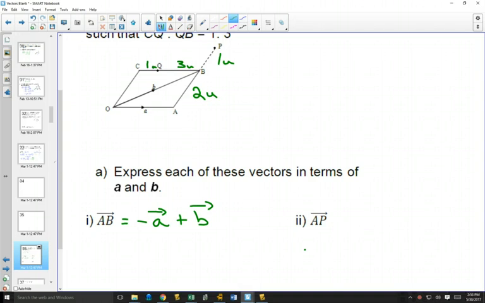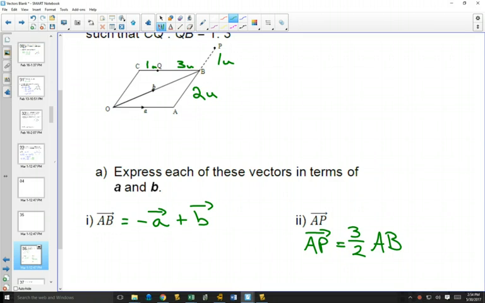Well, A to P is equal to some number times A to B. What number would I put in front there? 1.5 or 3/2 or 6/4.